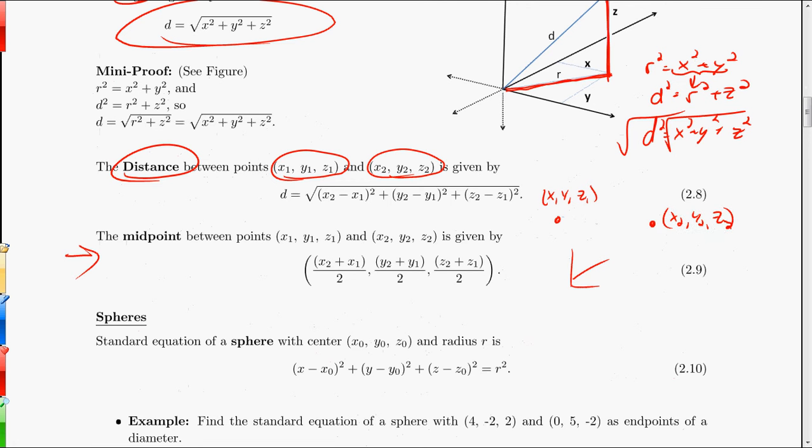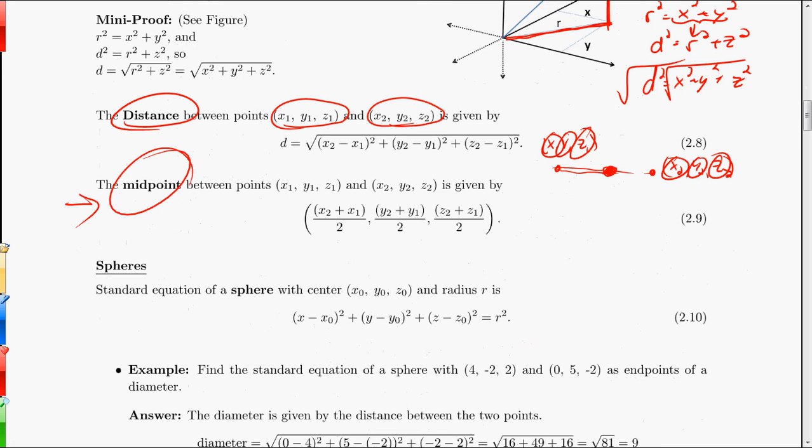Then the x-coordinate, and when I say the midpoint, I mean halfway from one to the other, the x value for that midpoint is just the average of these x values. The y value is the average of these y values, and the z value is the average of these z values. So that's all you have here. That's averaging the x values, averaging the y values, averaging the z values, gives you the midpoint.